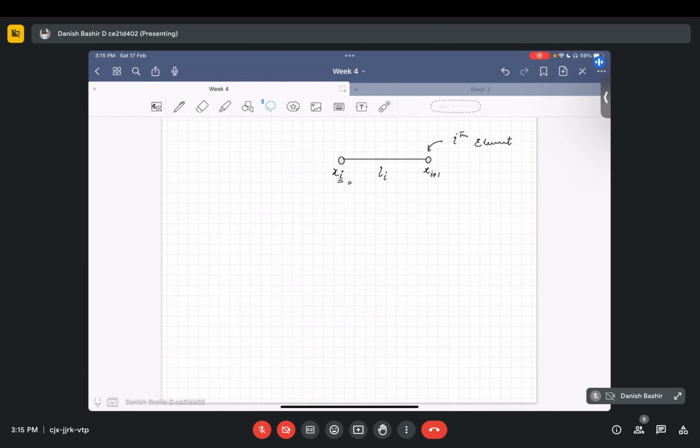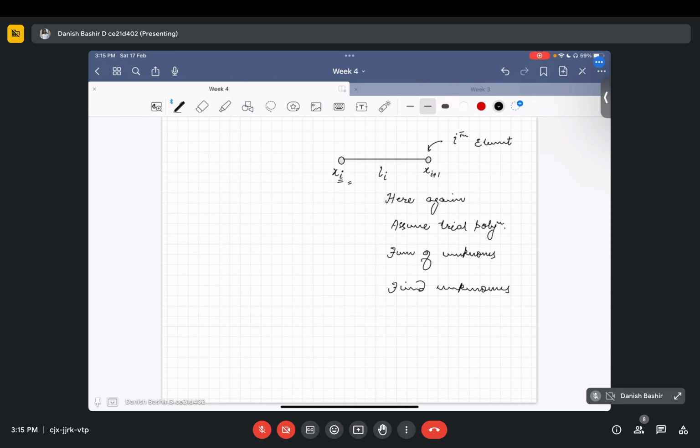So what is the basic concept here? What we have to do is assume a trial polynomial, which will be a function of unknowns.